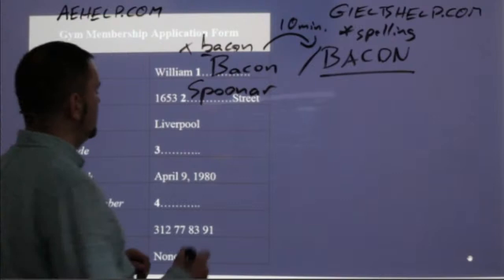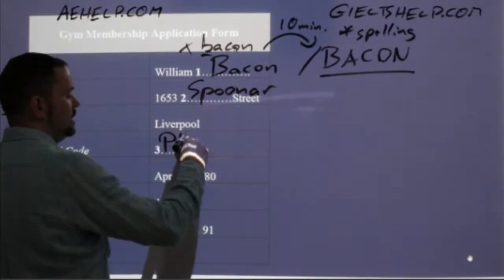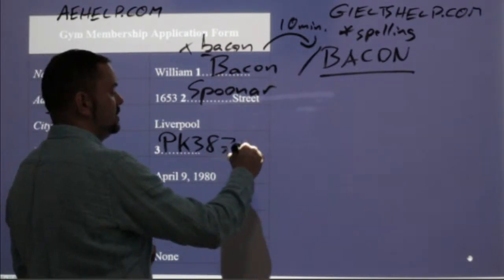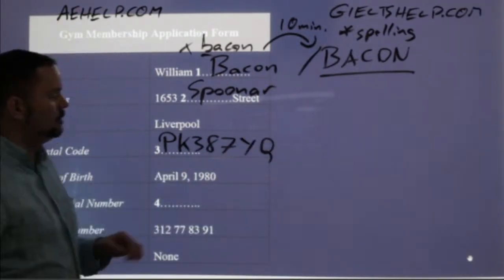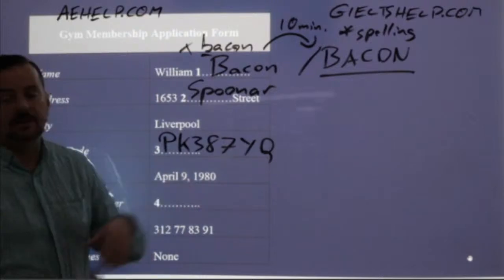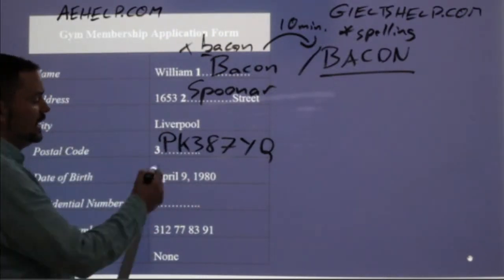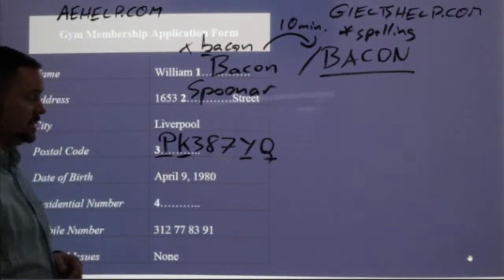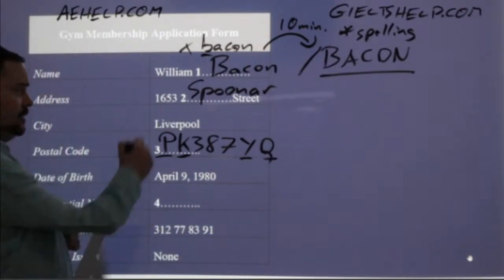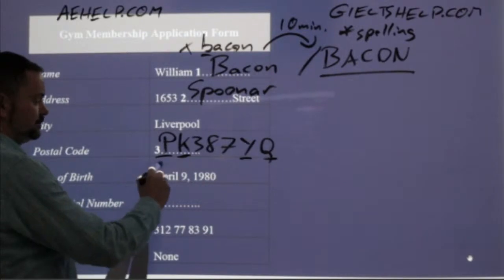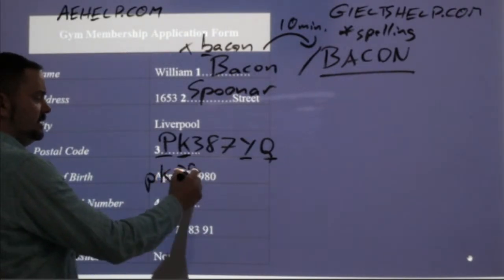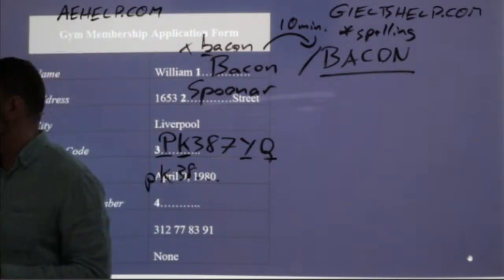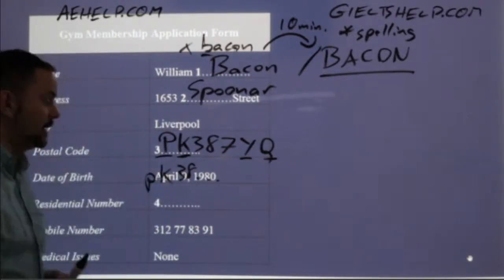PK387YQ is, I believe, correct. PK387YQ. When you are writing postal codes, credit card numbers, make sure it's really clear. I highly recommend using capital letters for the letters, okay, not lowercase. It doesn't matter. I mean, you could write it in lowercase, but it's clearer with capital letters, all right.